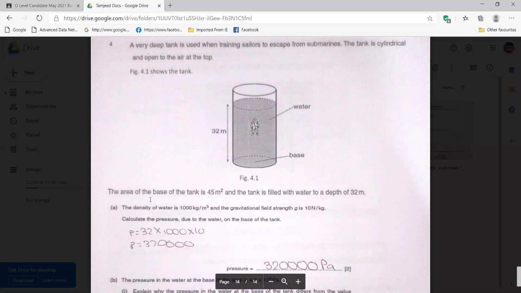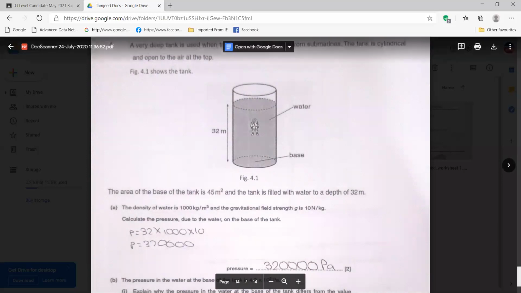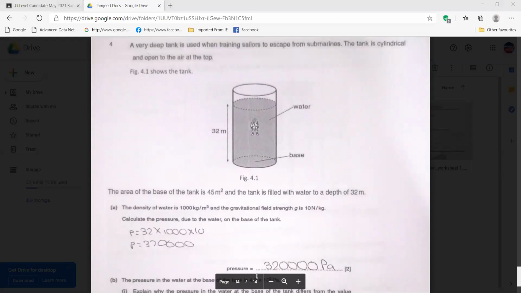Calculate the pressure due to water. Let me check the mark scheme. 3.2 into 10 to the power 5. Here is correct. Sir, elastic limit and limit of proportionality, is it the same thing?